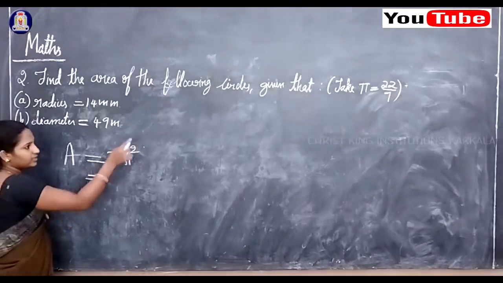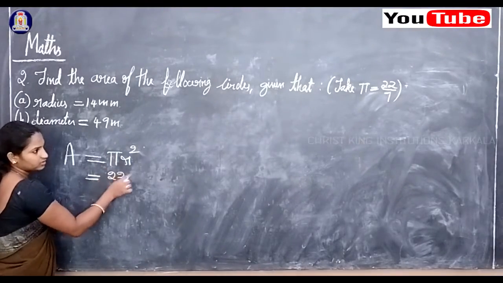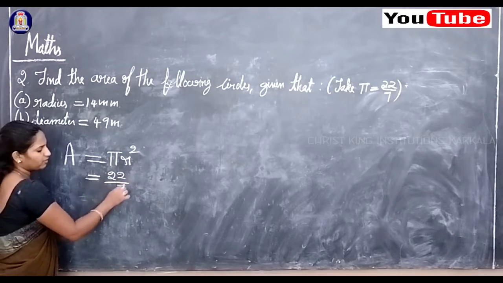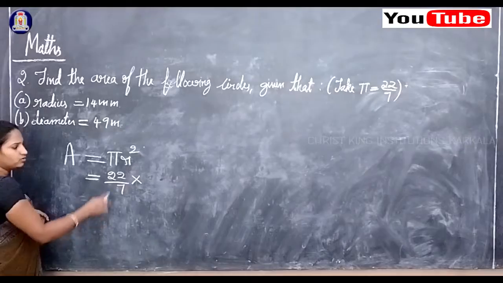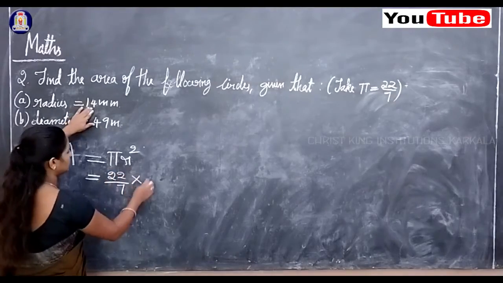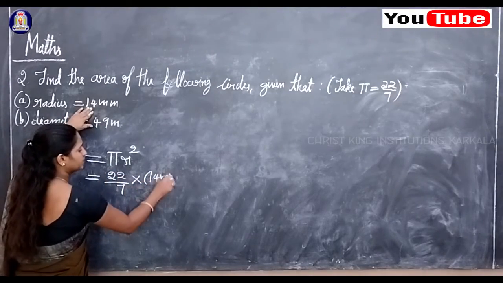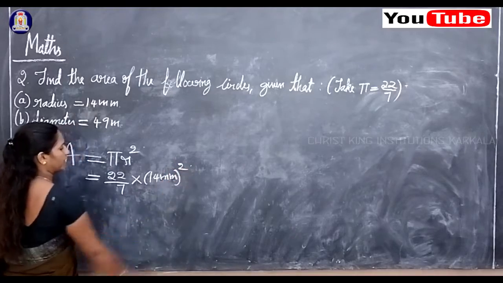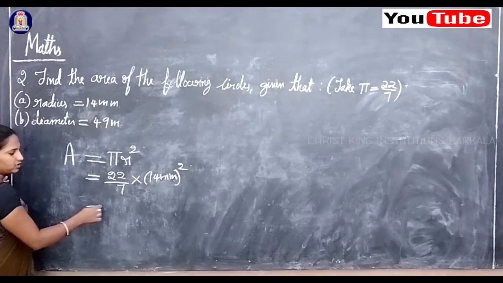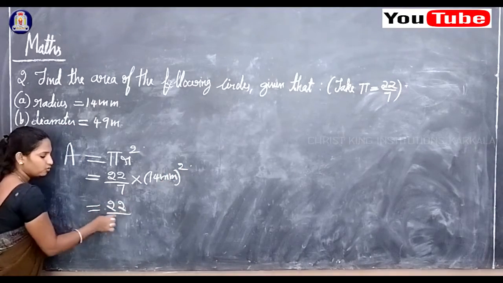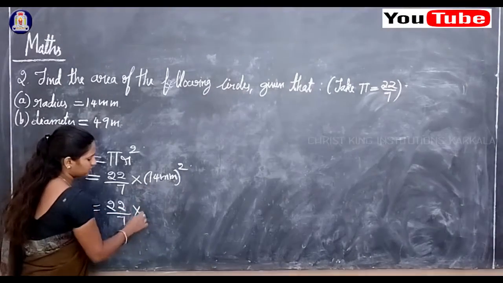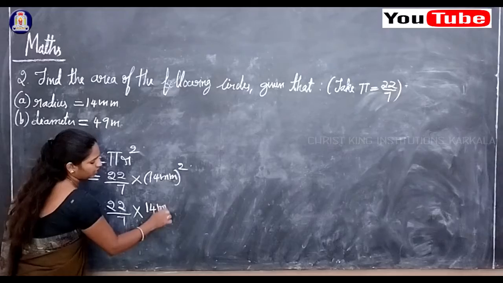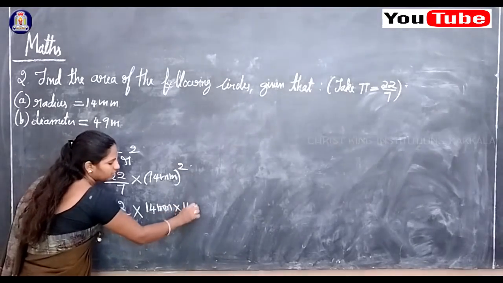So the pi value is given in the bracket, that is given in the question, 22 by 7. Is it correct? Pi is 22 by 7 into r, radius is 14 millimeter the whole square. That means 22 by 7 into 14 millimeter the whole square, means 14 millimeter into 14 millimeter.